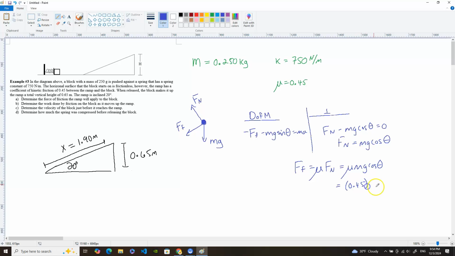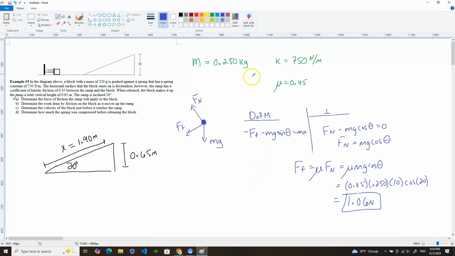That'd be a 0.45, 0.250. I'm going to use 10 for g because why not? Cosine 20 and resort to a calculator. Tells me the force of friction is 1.06 newtons. So that checks off A.